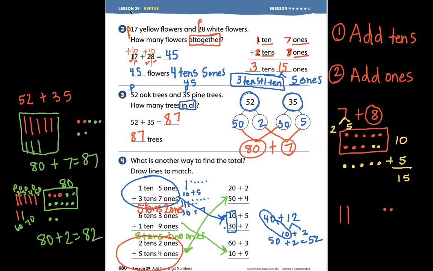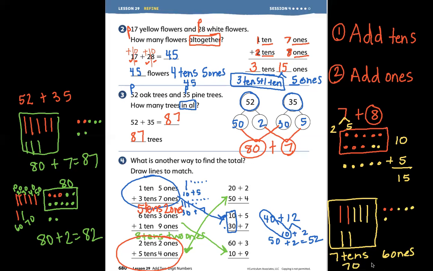And then 5 tens. 1 ten, 2 tens, 3 tens, 4 tens, 5 tens, check, and 4 more ones. 1, 2, 3, 4 ones. We now have a total of 7 tens and 6 ones. 7 tens has a value of 70 plus 6. 70 plus 6 equals 76 as our total.